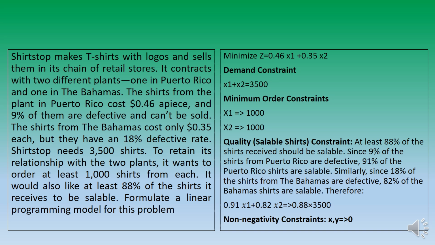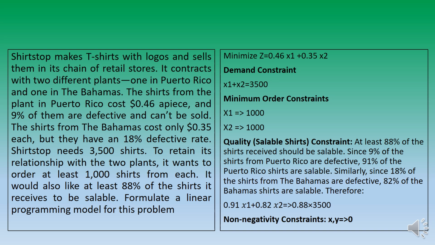To retain its relationship with the two plants, it wants to order at least 1,000 shirts from each. So 1,000 shirts is the minimum order quantity. They are saying that if you give us 1,000 shirts, then we will supply to you. It is the minimum order quantity, or the economic production quantity of the Bahamas and Puerto Rico.